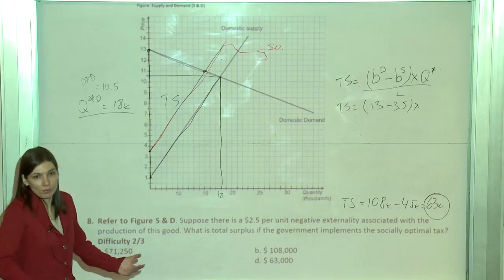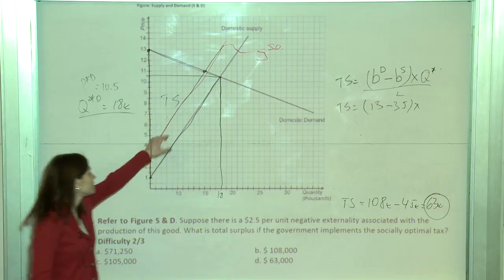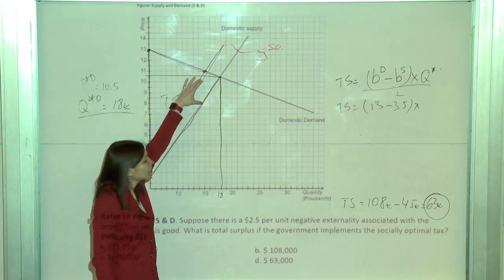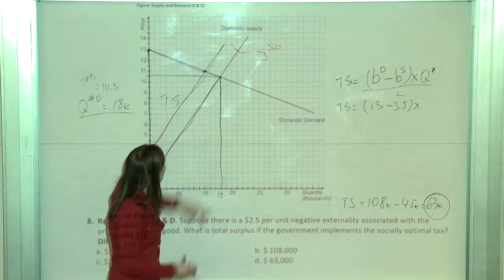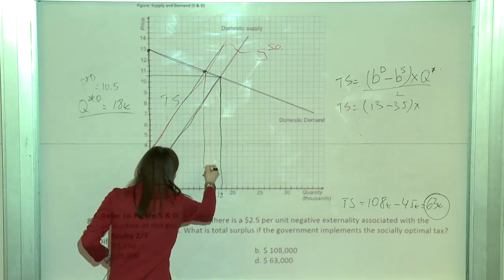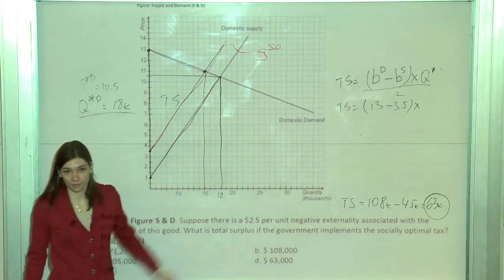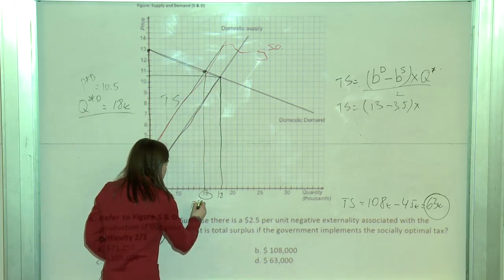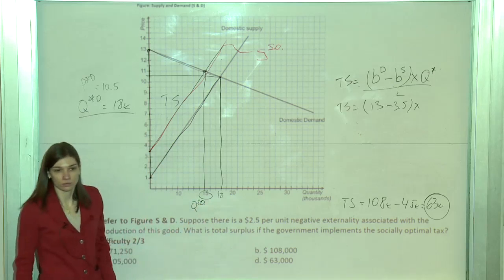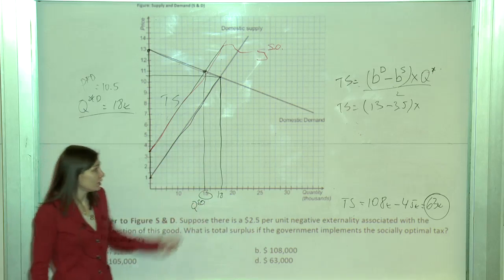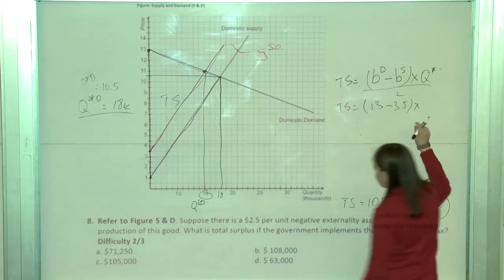Right? So when you impose a tax of 2.5, that basically means that the difference between the demand and supply is 2.5. And that happens at this point, corresponding to a quantity of 15. Right? So this is the socially optimal quantity now, because it reflects the true supply curve. And that's the one I'm going to plug in here.